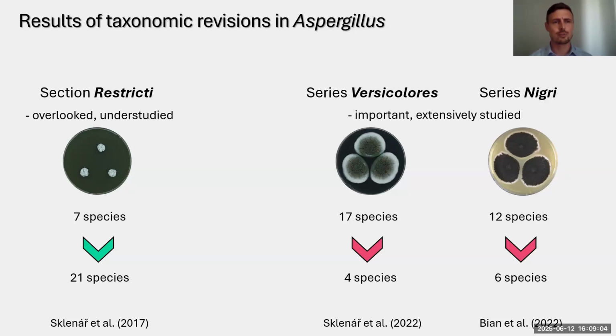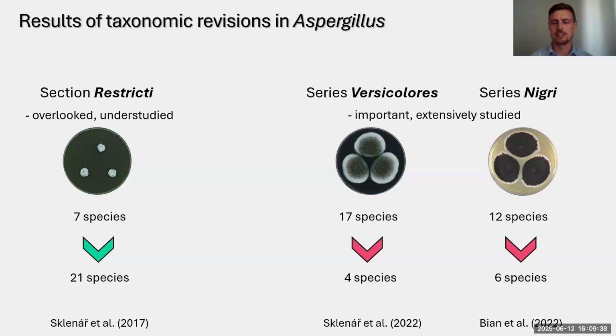So in the case of the section Restricti, it turned out that this is in fact an overlooked and understudied section, and within our data set we were forced to increase the number of species within the section from 7 to 21.